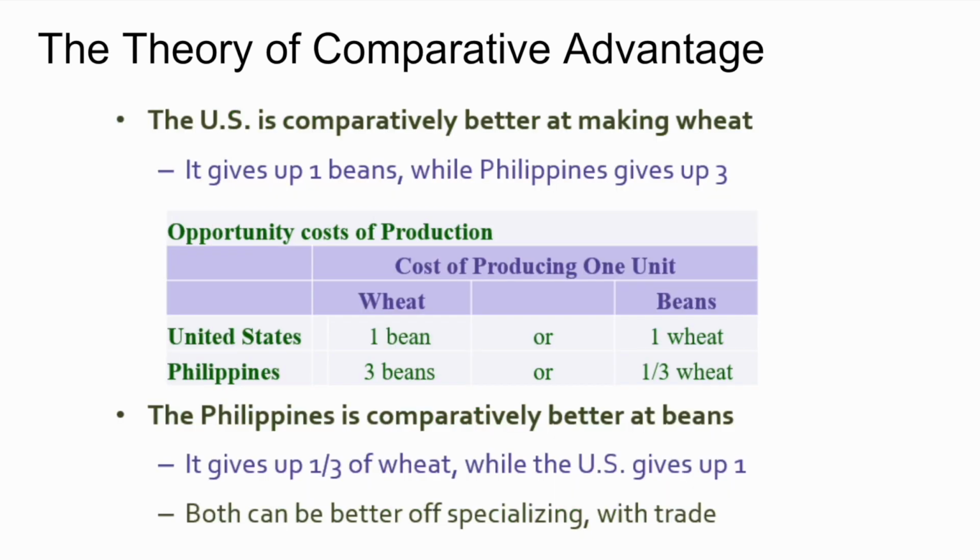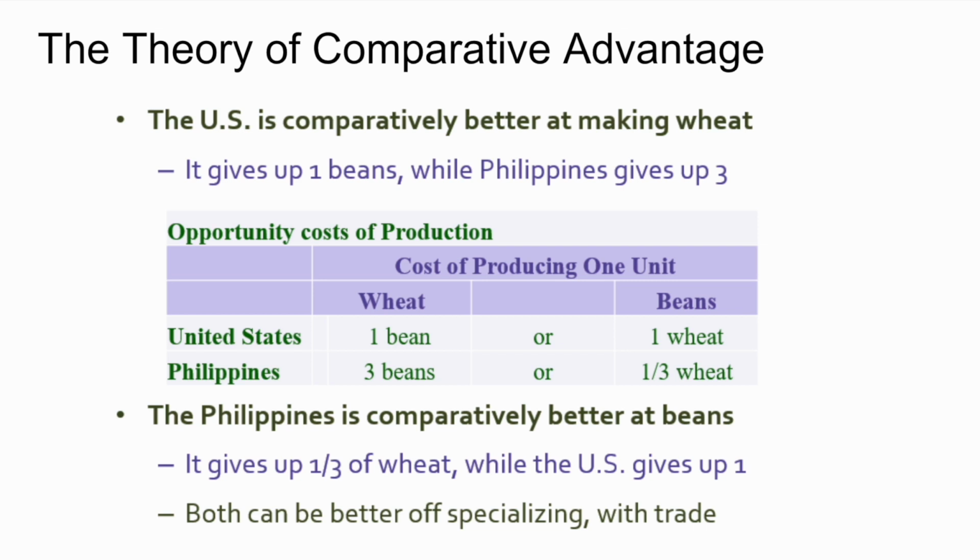So the U.S. is comparatively better at making wheat. We think about it, it gives up 1 bean while the Philippines give up 3. So the opportunity cost of production then for the United States is 1 bean or 1 wheat. Or the Philippines is 3 beans or 1/3 wheat.